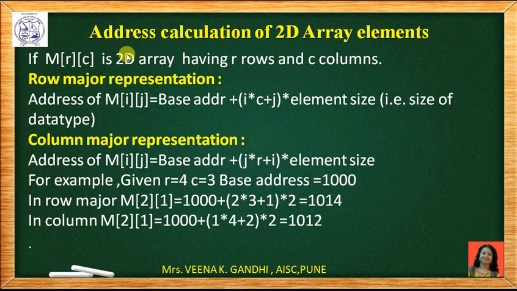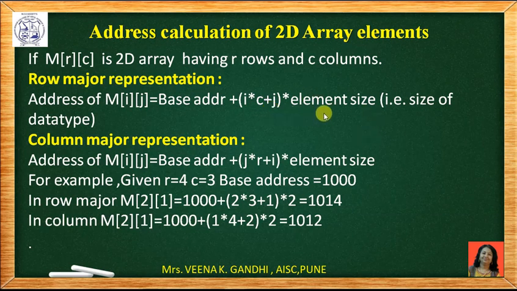Now, how to calculate the address of two-dimensional array elements? For example, if M having R rows and C columns is a two-dimensional array, in the row major representation we can calculate the address like this. Address of M of ij equals base address, where the array name itself gives the base address, plus i subscript into number of columns C plus j subscript, into element size, the size of the element data type.